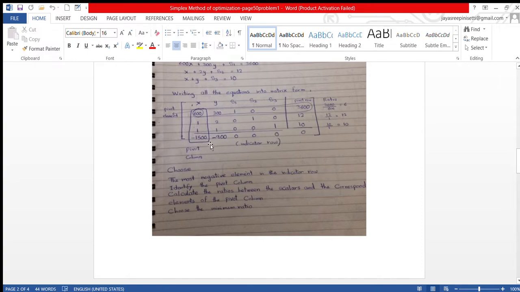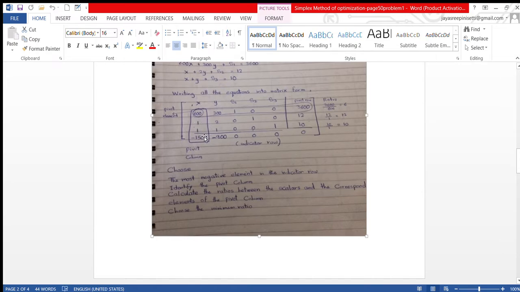So choose the most negative element. That column will become the pivot column. What is the most negative element here? Minus 1500, right? The column corresponding to that is known as the pivot column. See here, the pivot column.